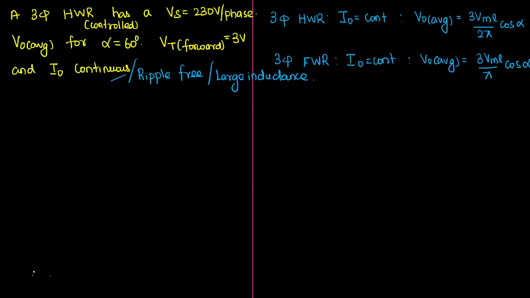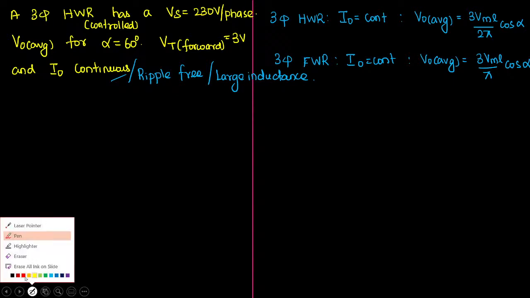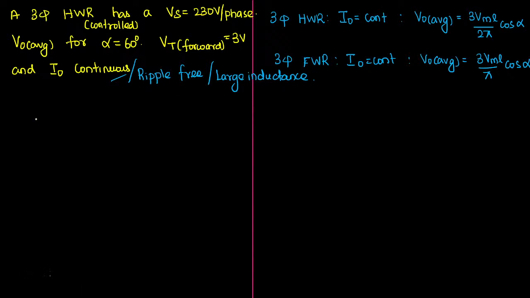Now let us take the same circuit. Okay, sir, so directly we can write the value of V0 average equal to 3 times the maximum line voltage by pi into cosine of alpha. We brought this answer just by assuming that the given thyristors are ideal.